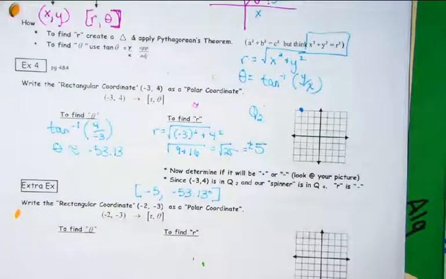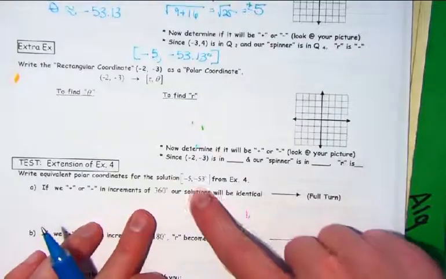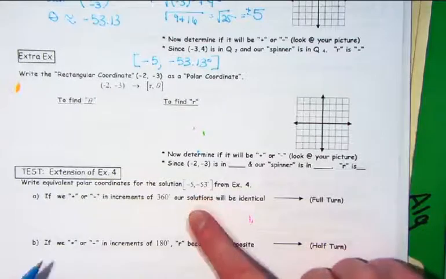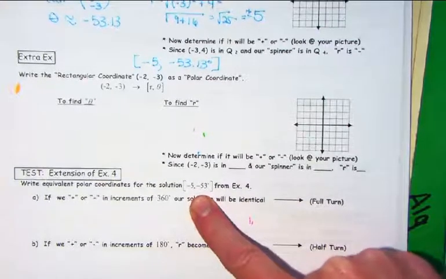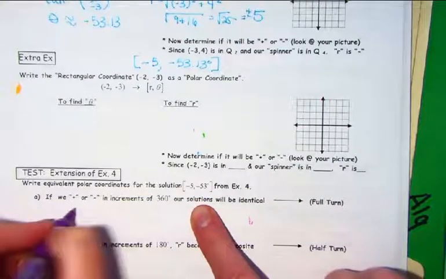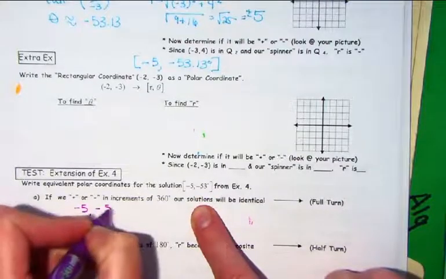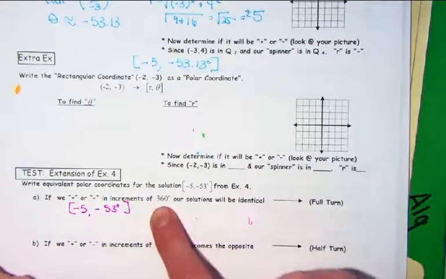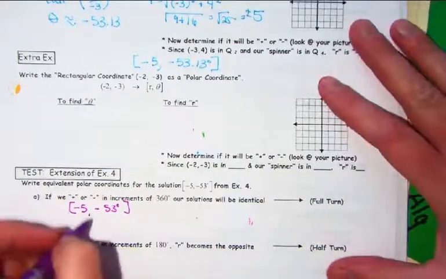Now skip down with me below because I want to show you this part. Keeping with that same answer, that -5 and -53 degrees, we can rewrite that in multiple ways. If I start with -5 and -53 degrees, I can add 360 degrees to it or subtract 360 degrees.